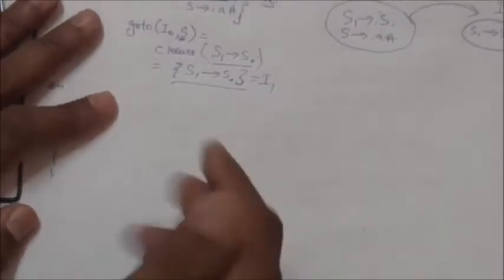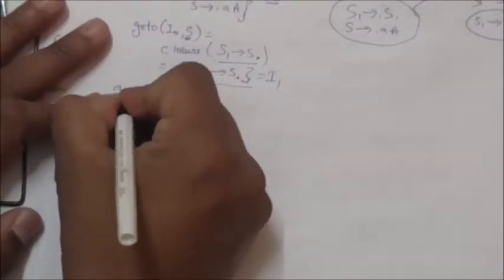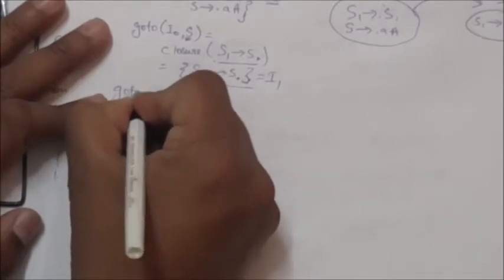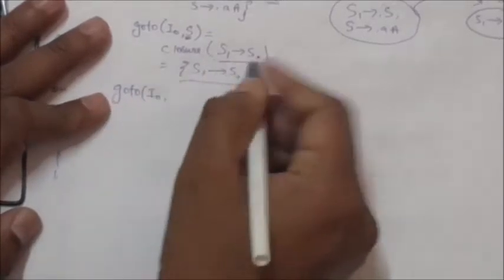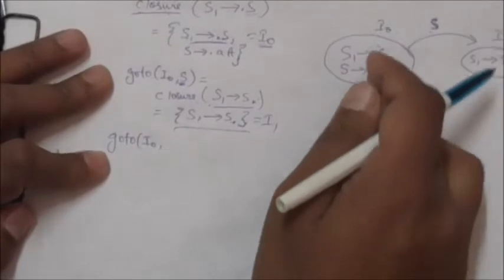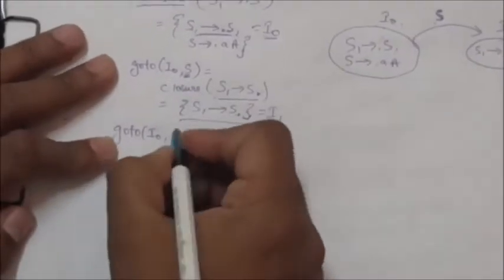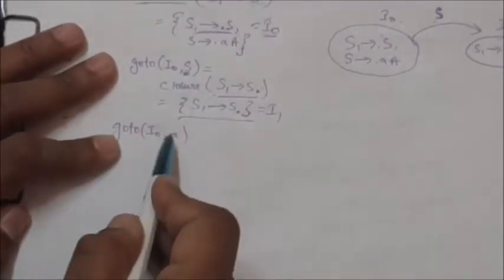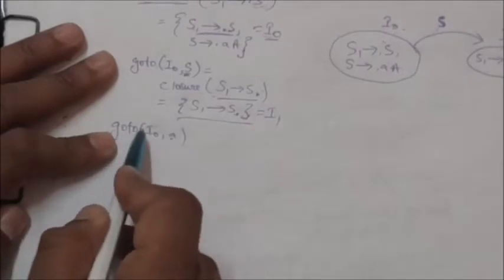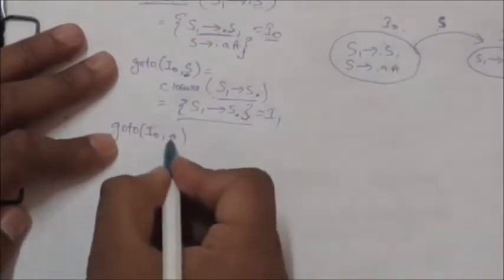Now I'll find another transition of this state I0, for symbol A. What will be the transition of I0 on reading the symbol A?